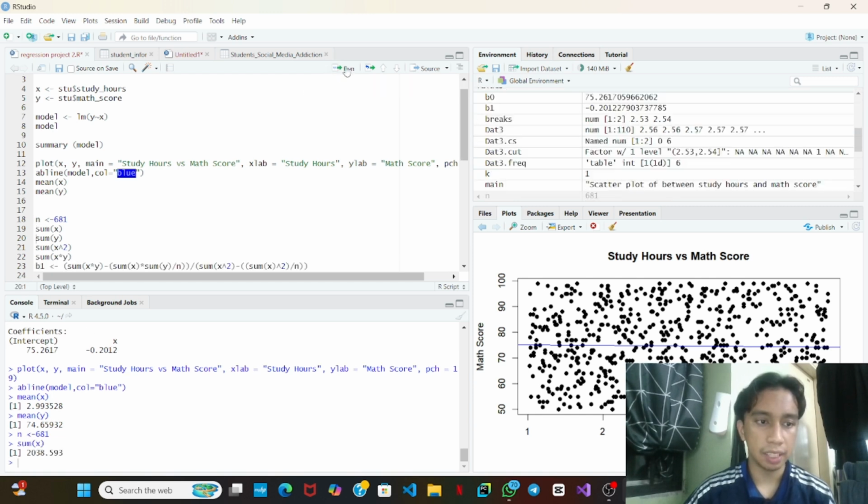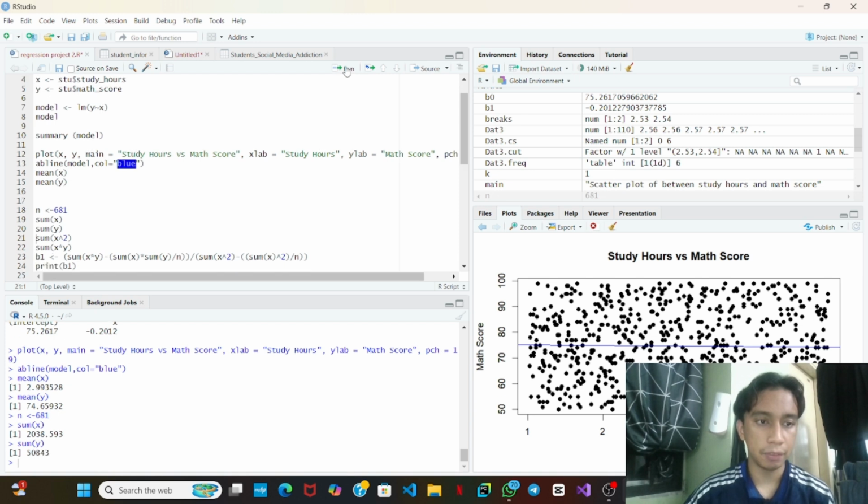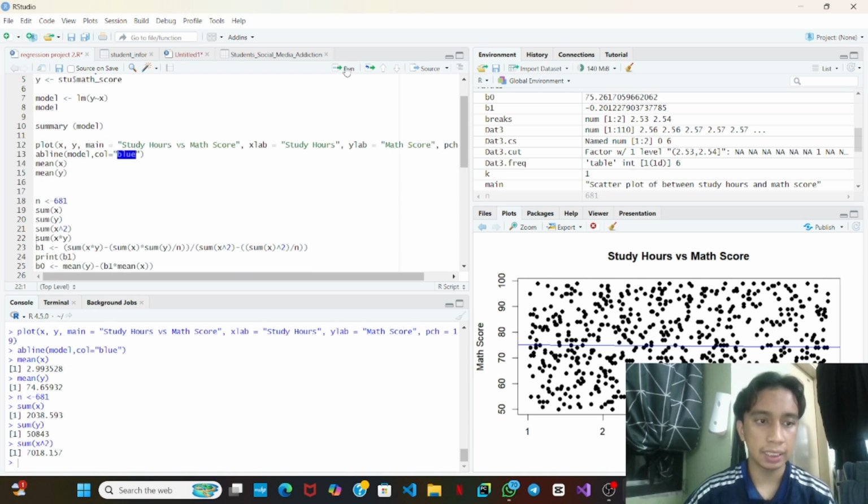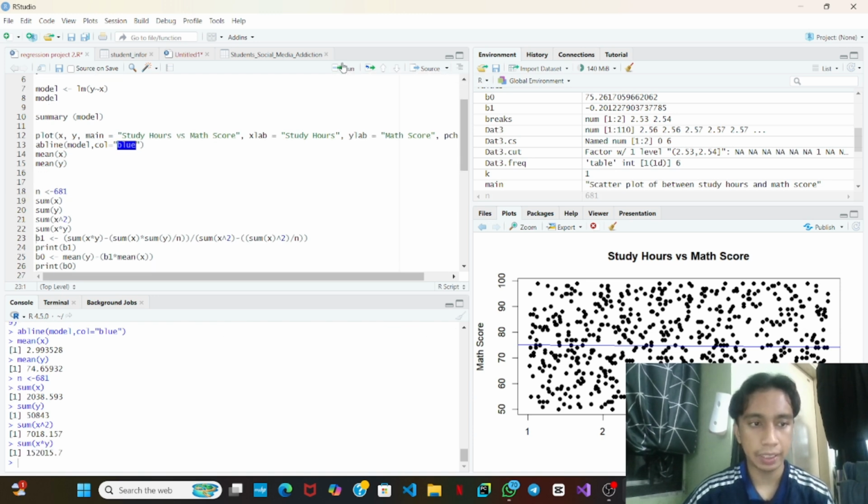We sum x and y, and then we take x to the power of 2 and sum it, sorry, sum x to the power of 2, and we calculate sum of x multiplied by y. And right now, we have b1 equals sum of x multiplied by y minus sum x multiplied by sum y over n, divided by sum x power of 2 minus sum x, all power of 2, divided by n.